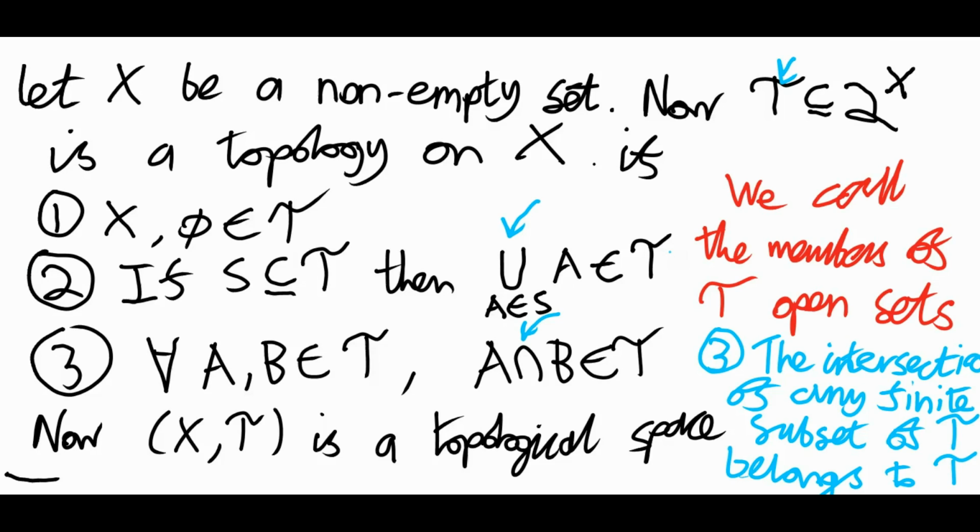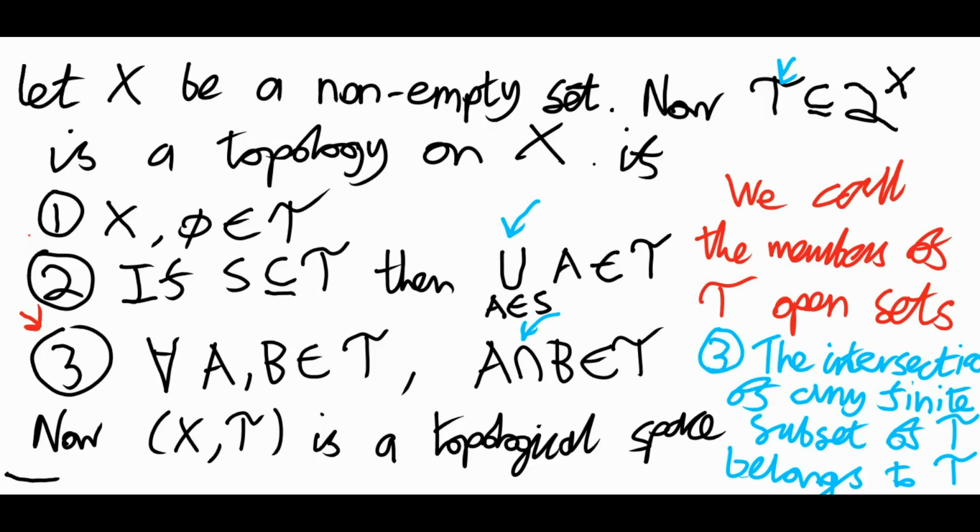So basically, you can prove this inductively because you know that the intersection of any pair of open sets from tau is an open set. That's what this writing in black says here. And so then we know that the intersection of any two open sets is an open set, and then the intersection of any three open sets can be obtained by taking the intersection of two open sets and intersecting it with another open set.